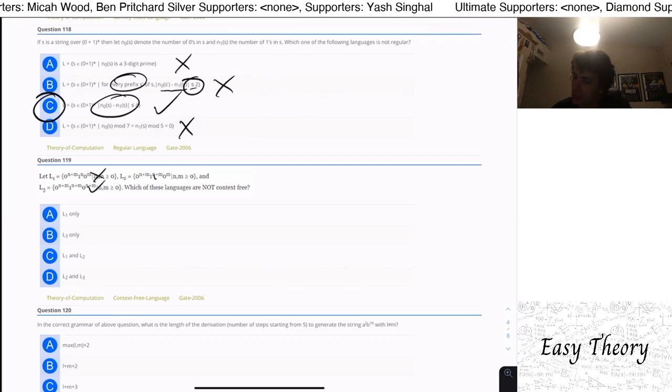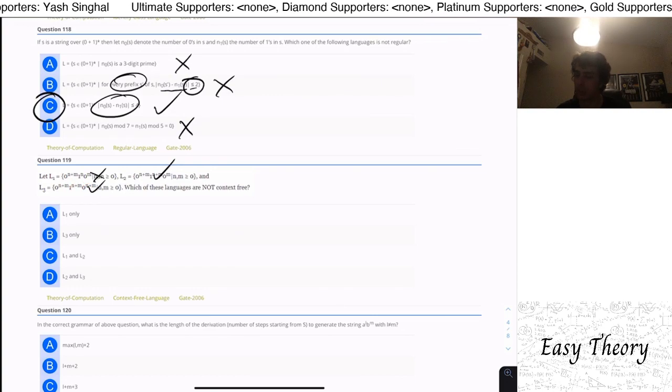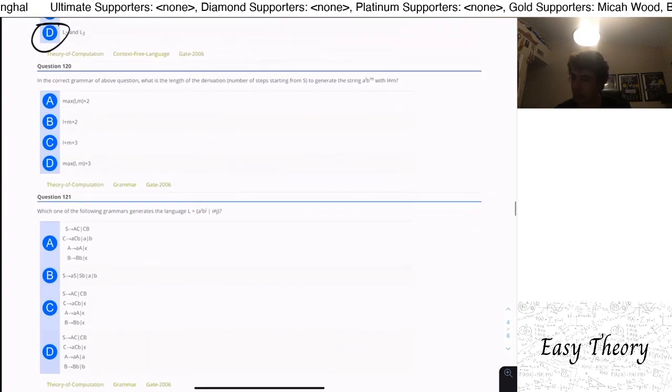Yeah, so that one's also not context-free because the counts don't have to line up here. Like this range is not the sum of these two. Like for this one, it was the number of zeros here is the number of ones plus the number of zeros here. So I'm going to go with L2 and L3 on that one.